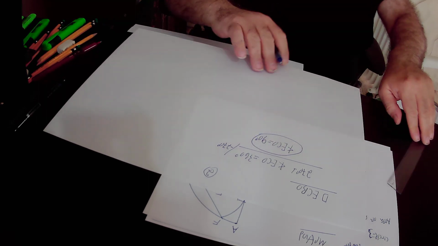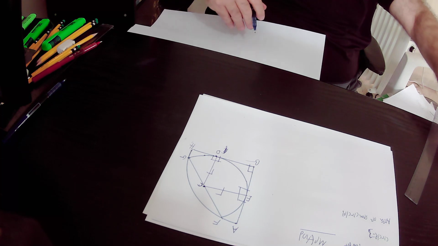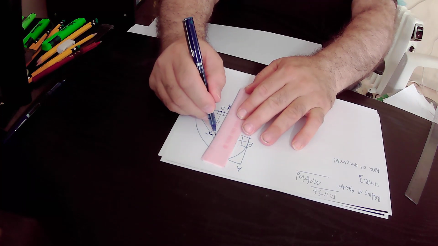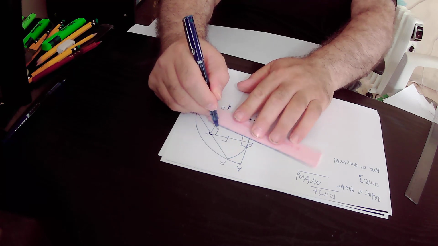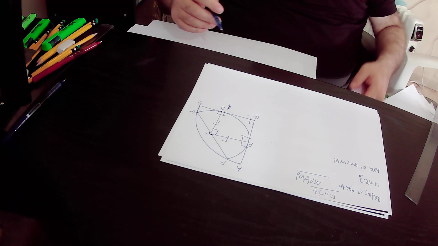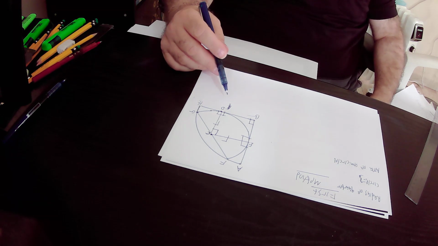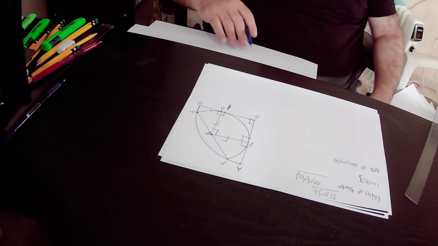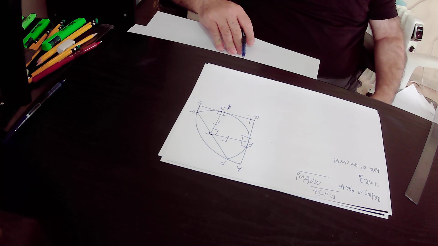Okay, so we found out that the missing angle equals 90 degrees, so this angle is a right angle. So actually we found out that quadrilateral ECBO has 4 right angles, and any quadrilateral that has 4 right angles must be at least a rectangle.